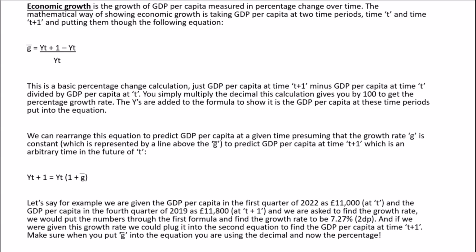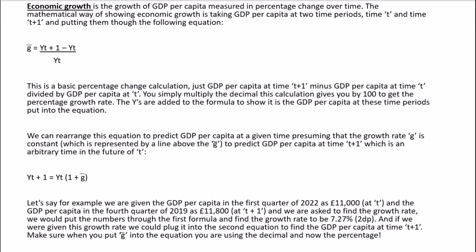So economic growth is the growth of GDP per capita measured in percentage change over time. The mathematical way of showing economic growth is taking GDP per capita at the two time periods t and t plus 1 and putting them through the following equation. In this equation, the g basically just represents the constant growth rate.